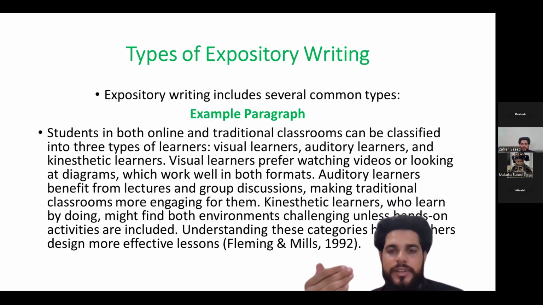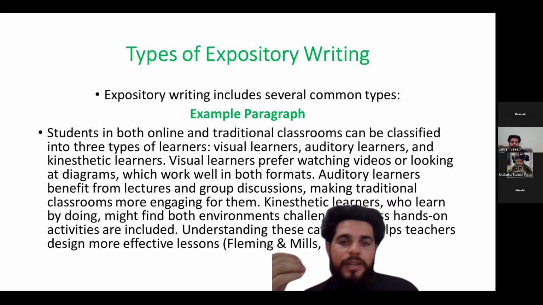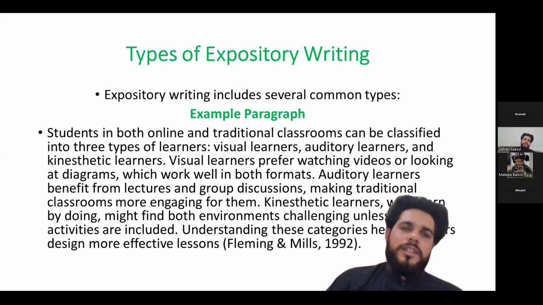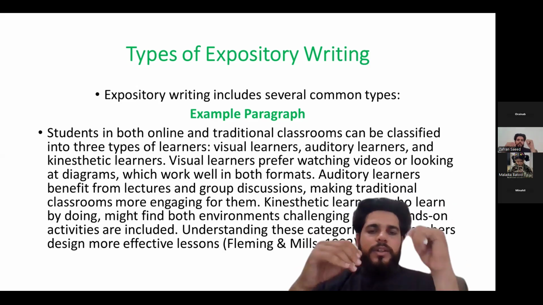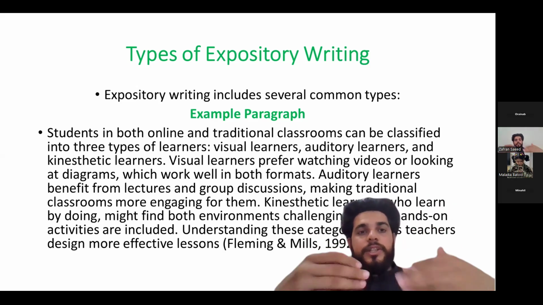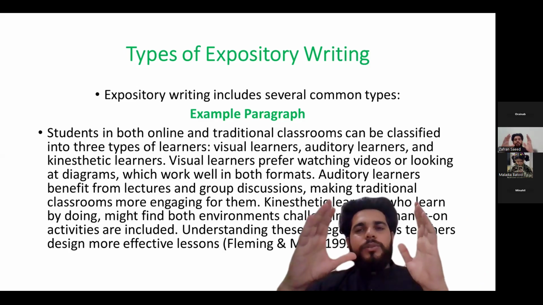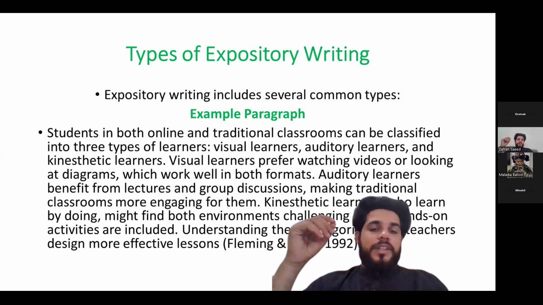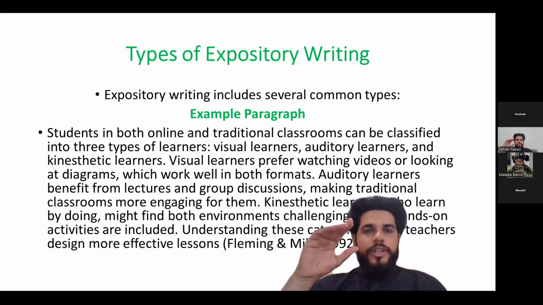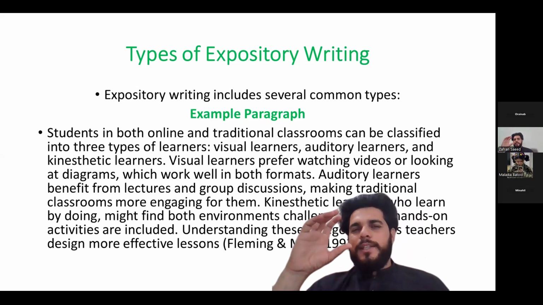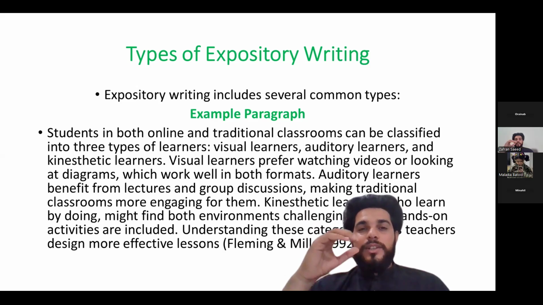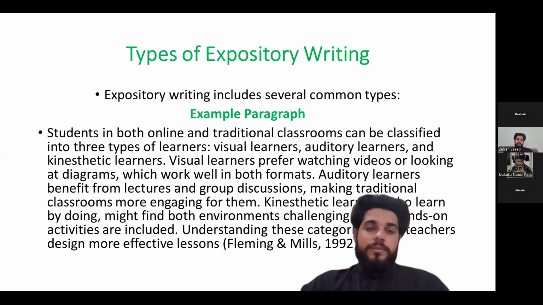Understanding these three categories helps teachers design more effective lessons. This is one type of paragraph, a classification paragraph. So now you are well aware of how to write a classification paragraph: we write a topic sentence that talks about one main point, and then we classify all those things so that readers might understand it in a better way.